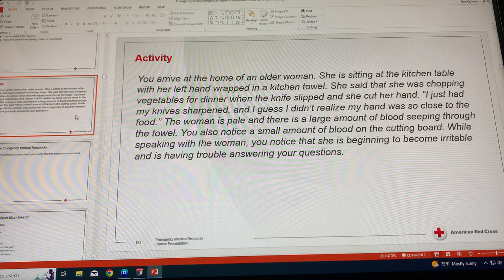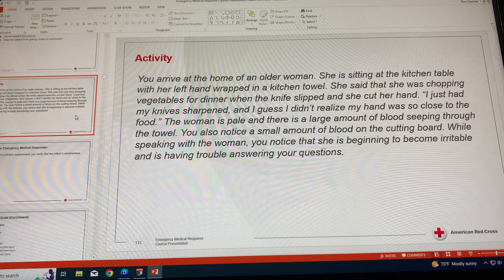All right, this is a scenario that we're going to discuss in person here, okay? You arrive at the home of an older woman. She is sitting at the kitchen table with her left hand wrapped in a kitchen towel. She said that she was chopping vegetables for dinner when a knife slipped and she cut her hand.